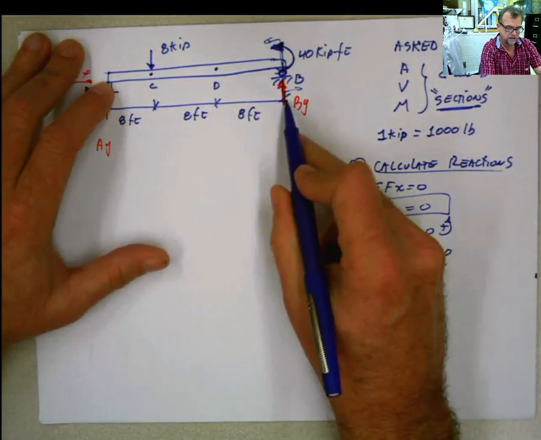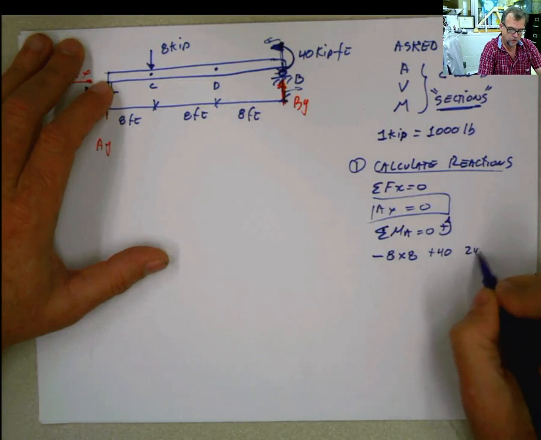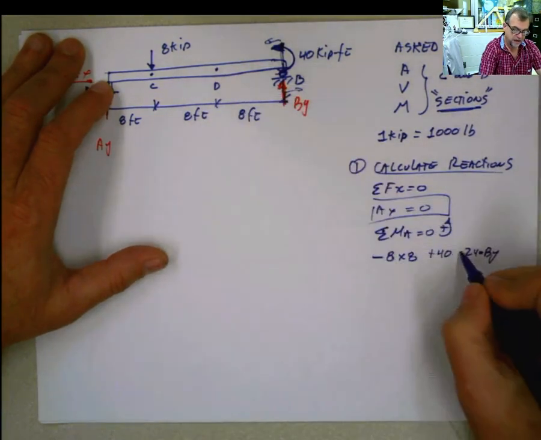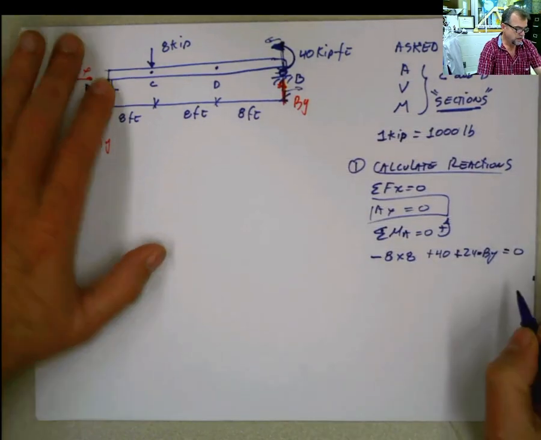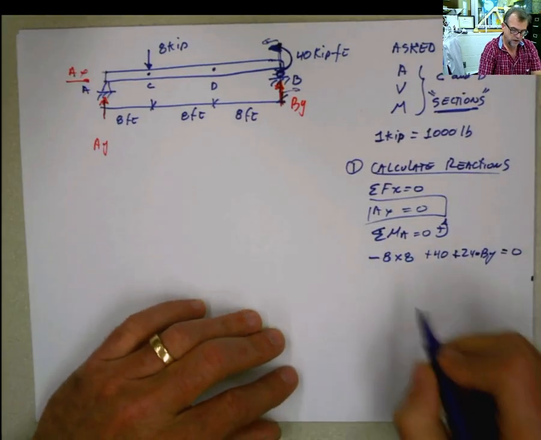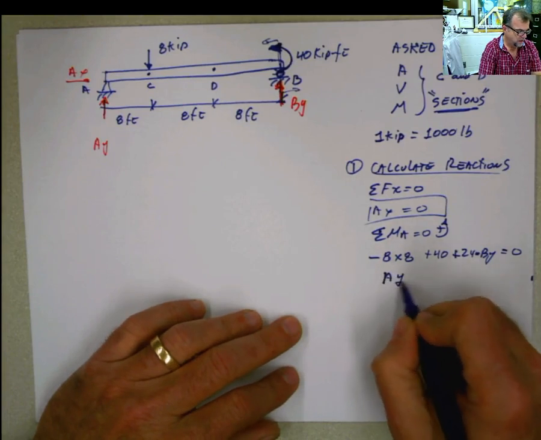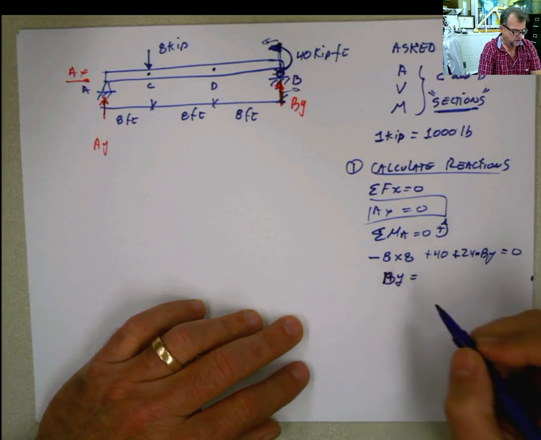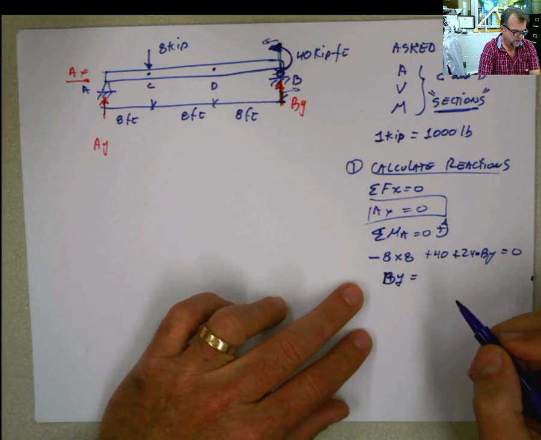And then this force here is going to be 8, 16, 24, 24 times BY, and that's going to be a moment that is also positive, and that's going to equal 0. And then when I solve for this, BY is going to be equal to 1 kip.